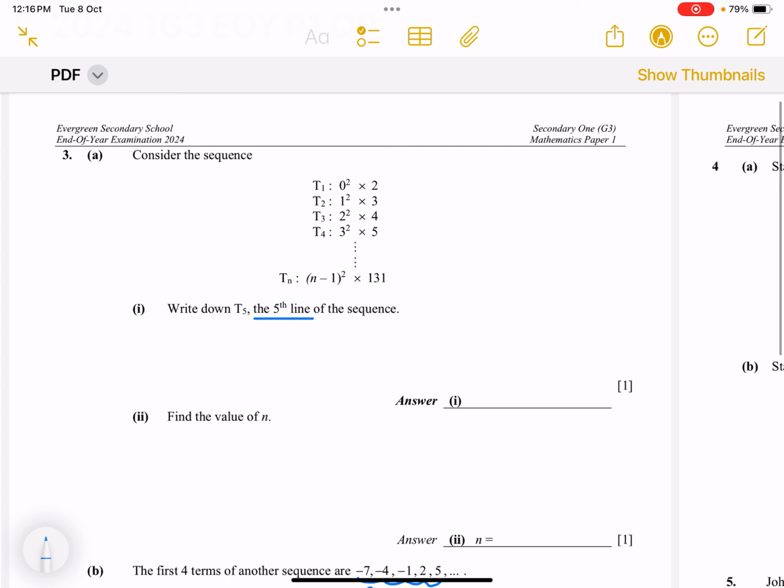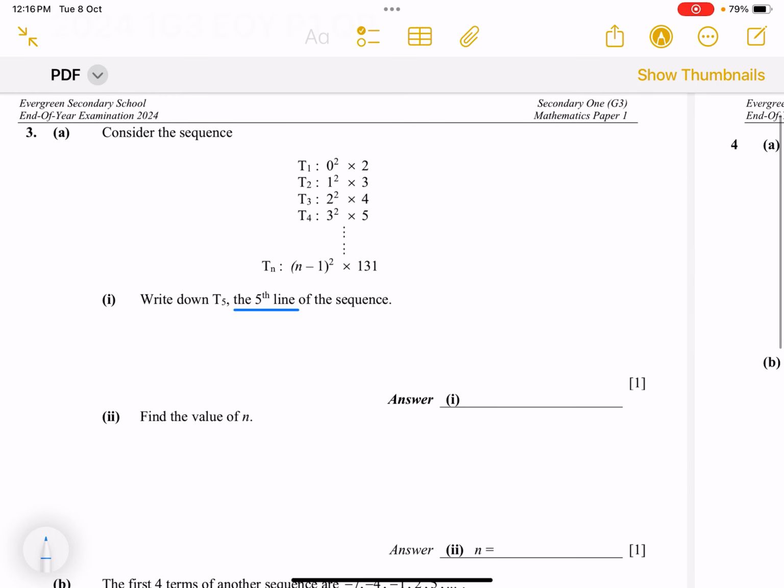In the next sum, we have to look at a sequence, and what we should be looking out for is the number that gives us the order. So this is the number that gives us the order, because it's 0, 1, 2, 3. And we find that it is actually 1 less than the order number.